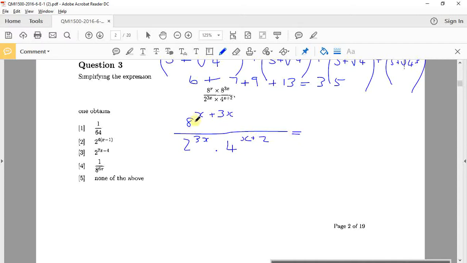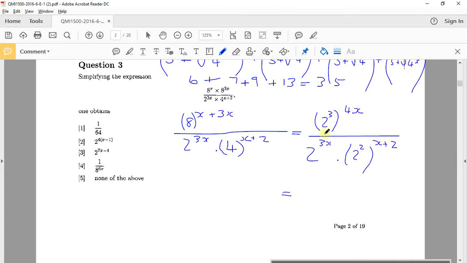I need to convert this into a 2. So that'll be 2 to the 3 bracket 4x. Does that make sense? Yeah. Over this, I can make a 2. So it'll be 2 to the 3x times 2 to the 2 times x plus 2. Next step. This times that is 2 to the 12x over.